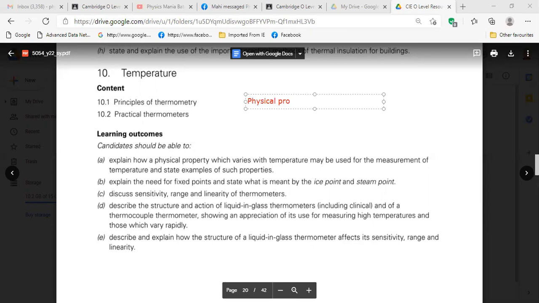You give the heading: using physical properties to make thermometers.